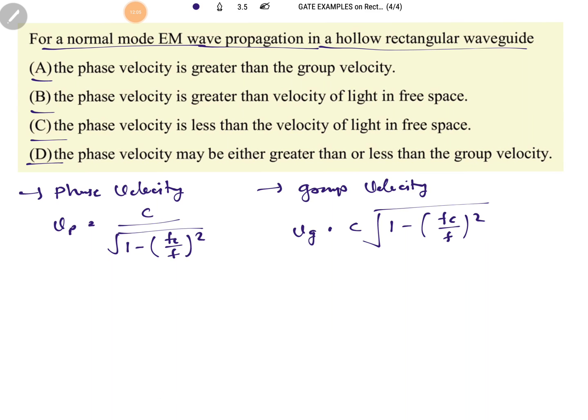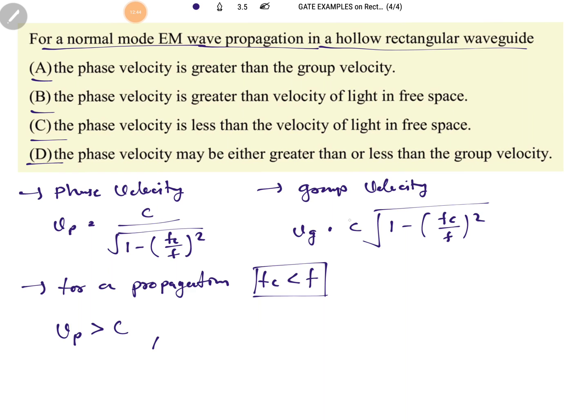Now for propagation, fc should be lower than f, then only propagation is possible. So Vp will always be greater than the velocity of light. Why? The reason is c divided by square root of 1 minus something square, so the denominator is less than 1, so the result is greater than c.